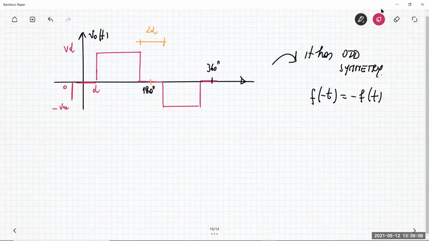For example, this point here, at negative omega t, is obtained by negative f of t here. So this is a typical odd symmetry waveform.